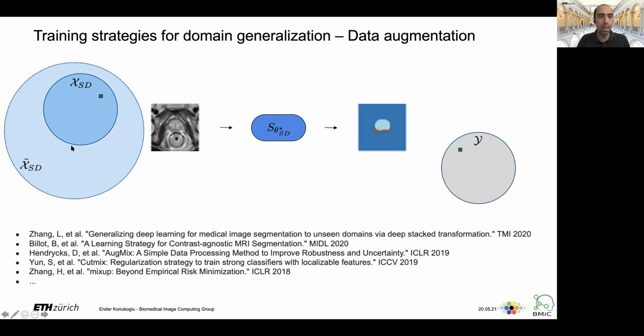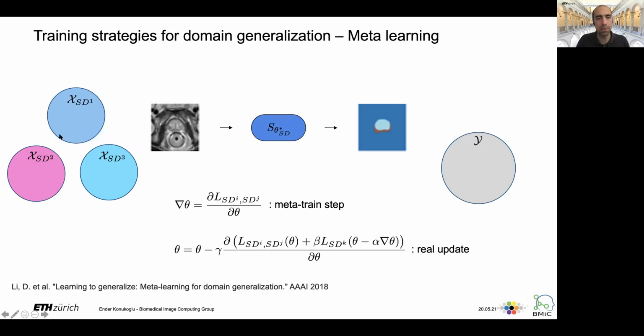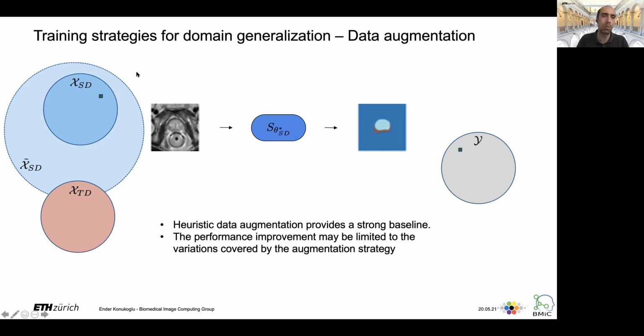And I hope that this extended space overlaps with my target space, so that in this intersection, my algorithm will perform well. Now, this is a heuristic method, obviously, but it provides a very strong baseline, as I will give numbers shortly. The performance here can be improved if you think about other strategies that will extend the space in specific ways. If you have certain ideas about the target domain, then you can use that too.